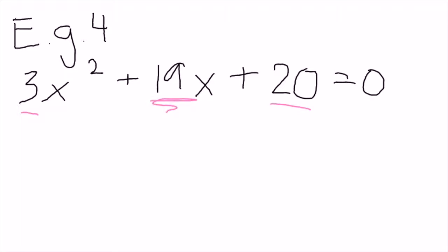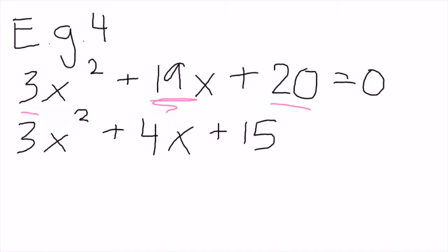So if you write down the expanded version, you will get 3x squared plus 4x plus 15x plus 20 is equal to 0. As you can see, 4 and 15 are factors of 60, which is 3 times 20, and 4 and 15 also add up to 19.